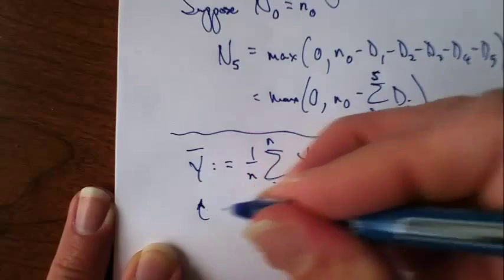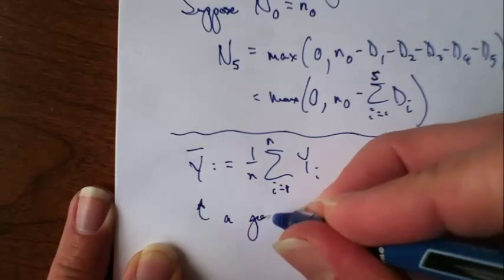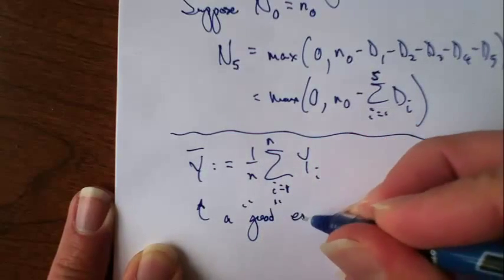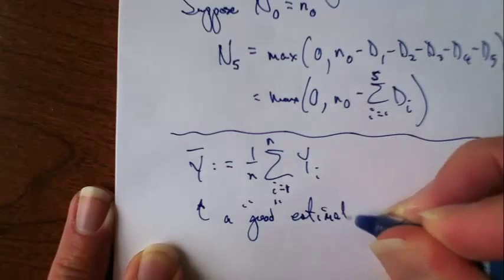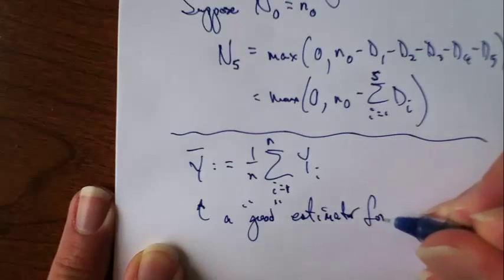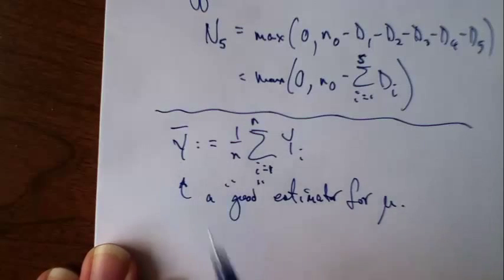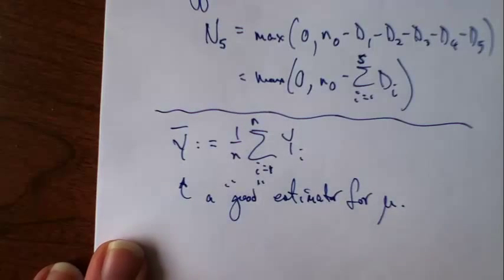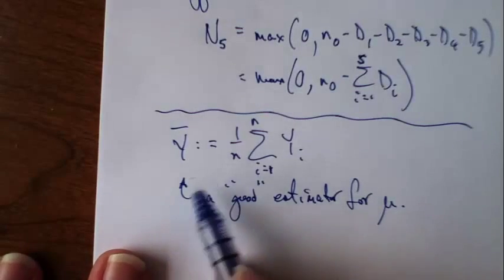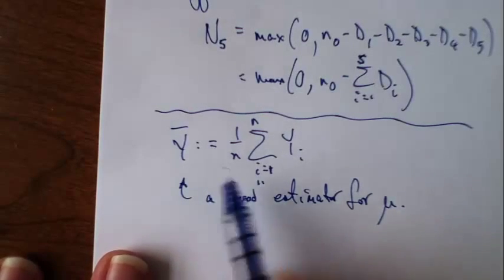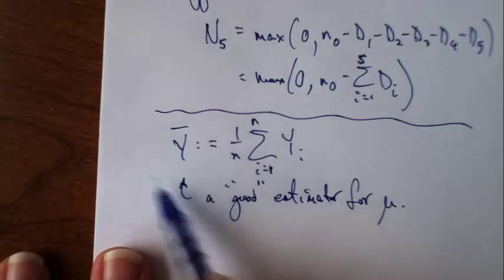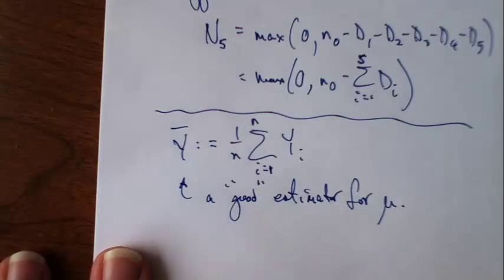This is probably a good estimator for some overall mean mu. And in fact, it is. It has several nice properties that you study in a math stats class. They're all in your book in later chapters. But for one, it's unbiased. We already proved that, right? That the expected value of Y bar is, in fact, the population mean.